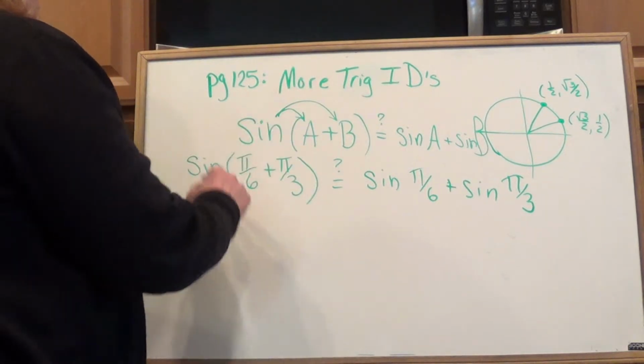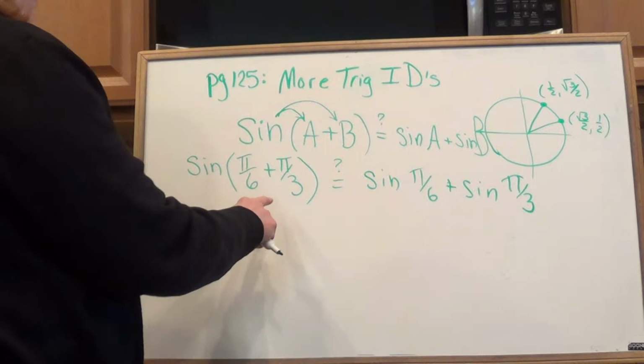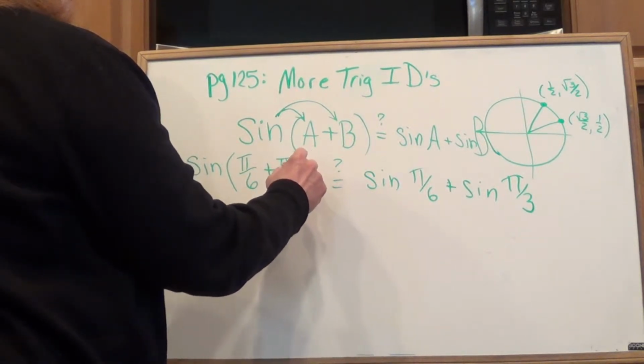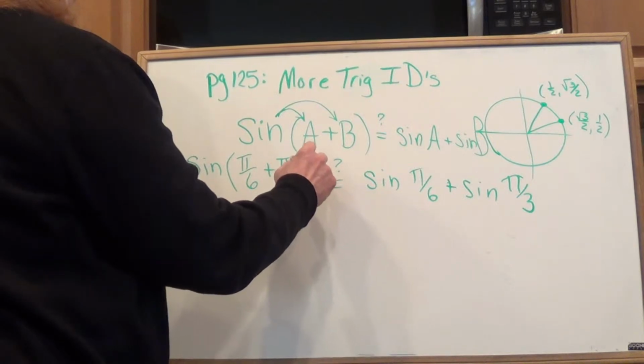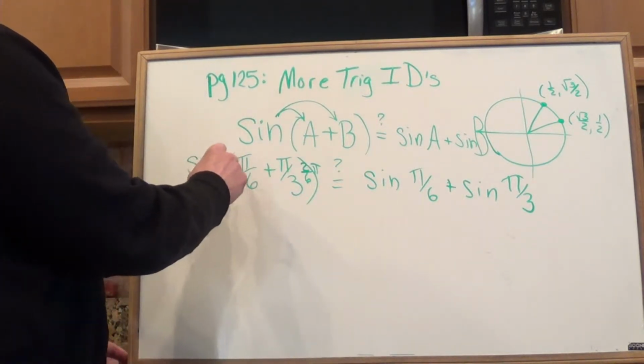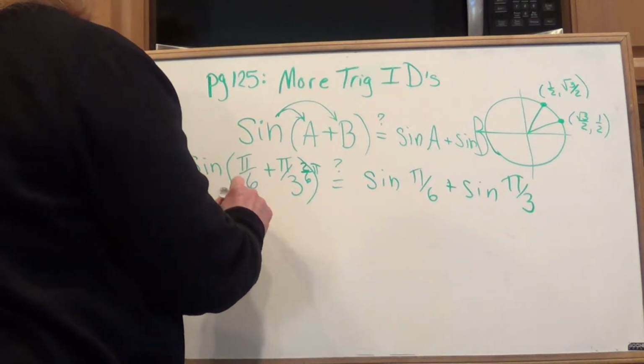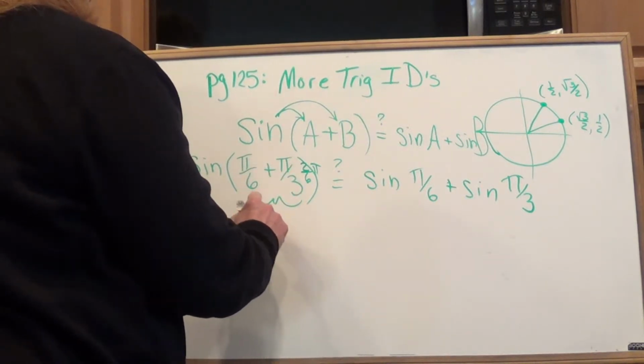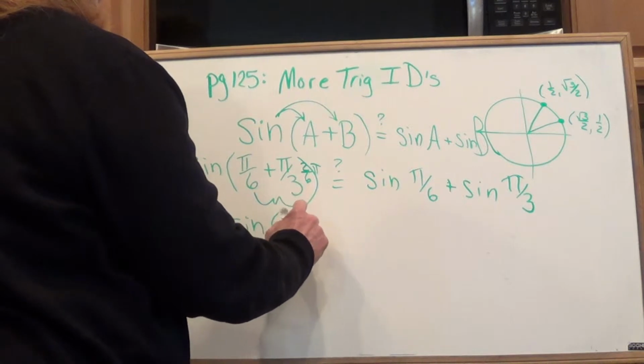So let me do pi over 6 plus pi over 3. We know pi over 3 is 2/6 pi, so 1/6 pi and 2/6 pi are 3/6 pi. And so therefore, that's sine of pi over 2.